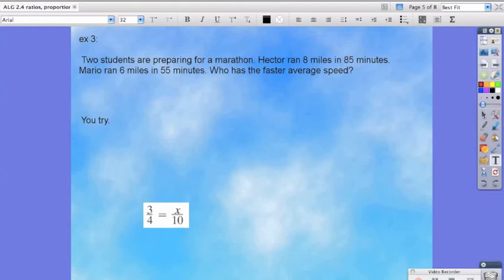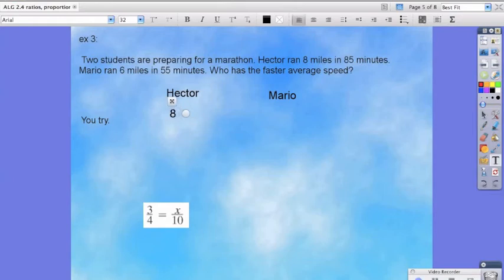So, let's first organize our data, our information. So we're going to start with 2 columns, and Hector's going to be one, and Mario's going to be the other. So, can you remember how we write the 8 miles in 85 minutes as a rate?